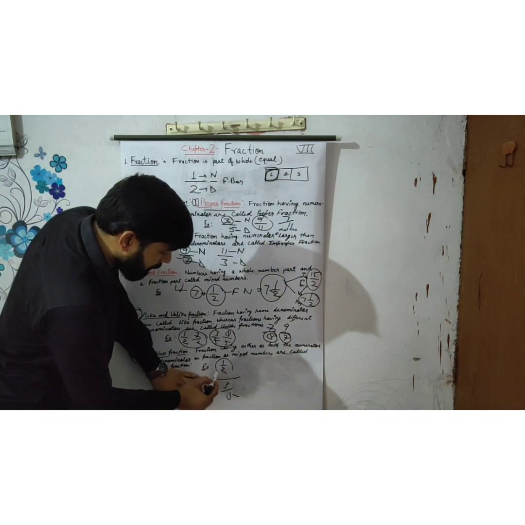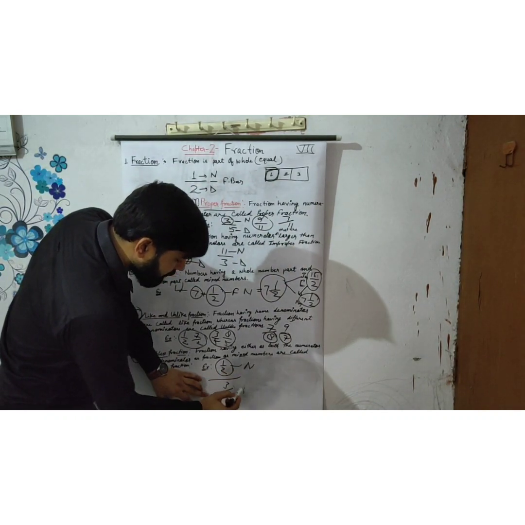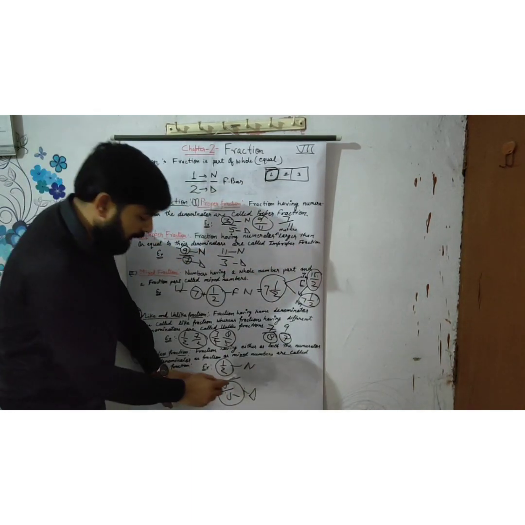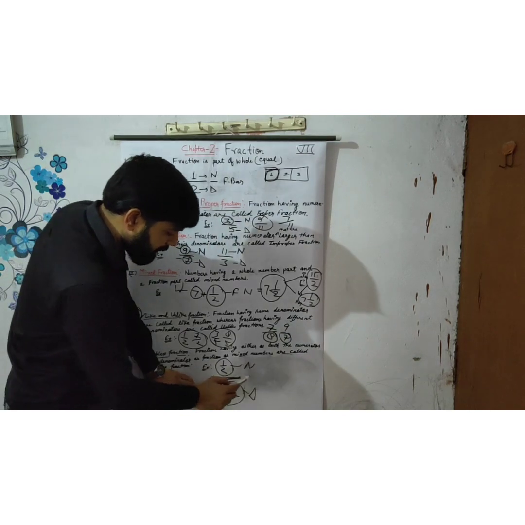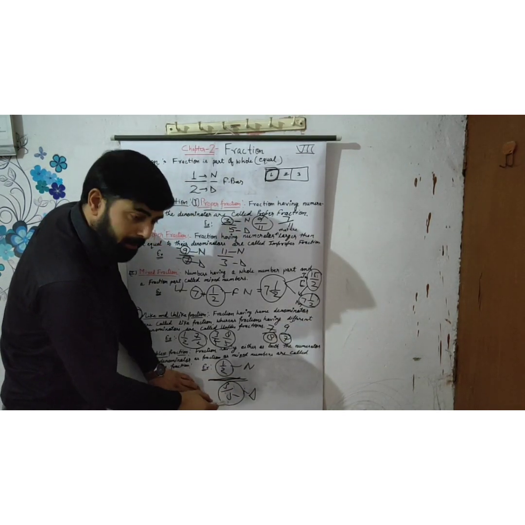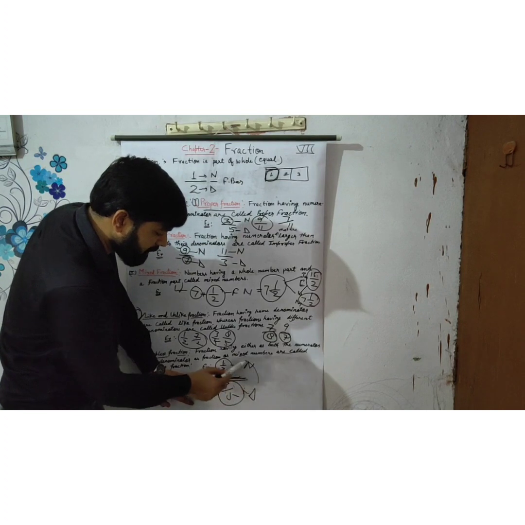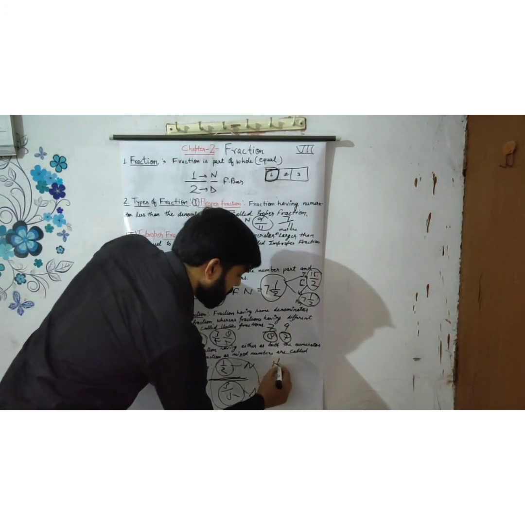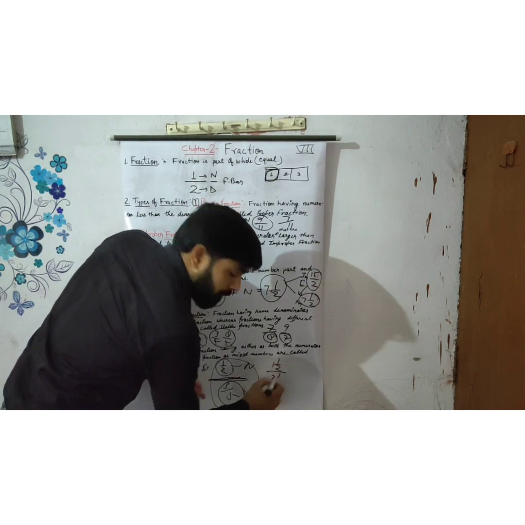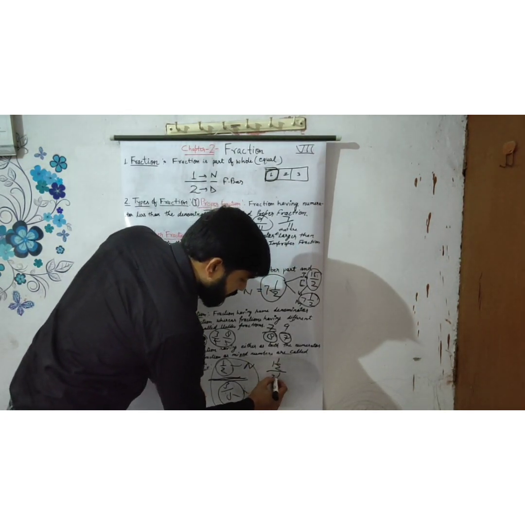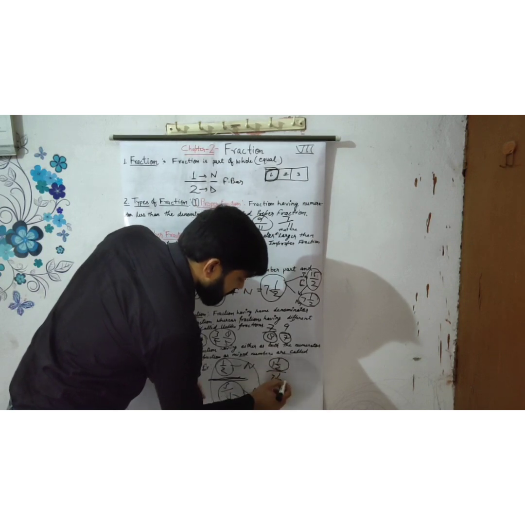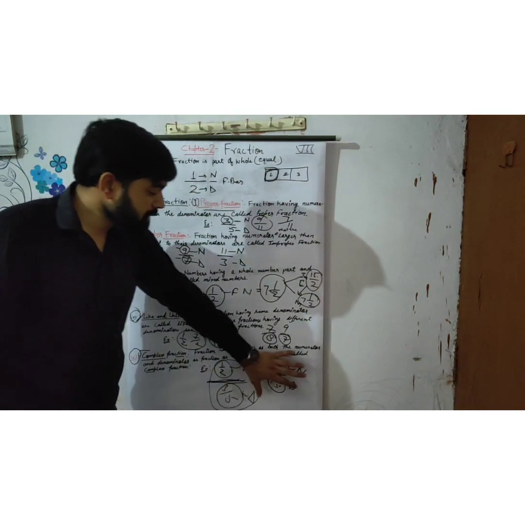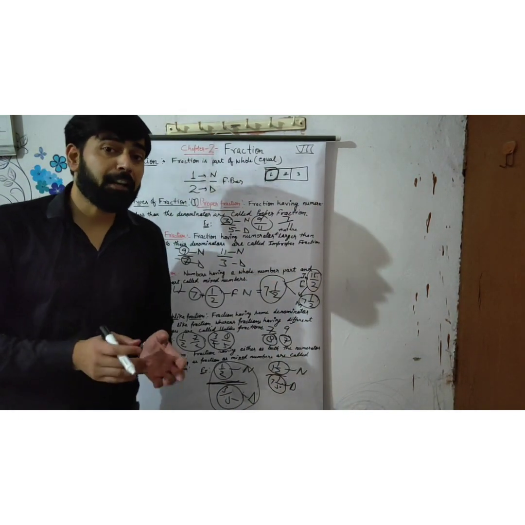Look here, 1 upon 2 is the numerator and 3 upon 5 is the denominator, both given in fraction form, with the main fraction bar line between them. This type of fraction is known as a complex fraction. And if they are given in mixed form, say 1 and 1 upon 2 over 7 and 1 upon 5, these are mixed fractions, one as numerator and one as denominator. This fraction is also called a complex fraction.